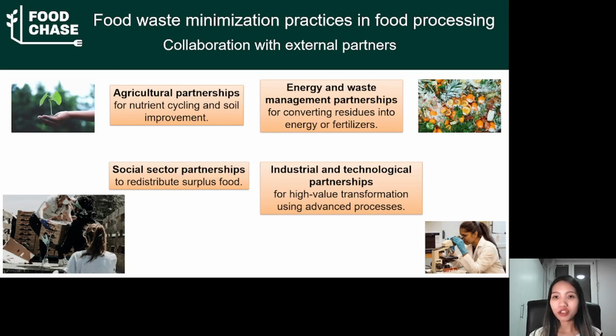Industrial and technological partnership for high value transformation using advanced processes, because the recovery of some sensitive compounds, for example antioxidants, requires expertise and specific instruments. Social sector partnership for the redistribution of surplus food.